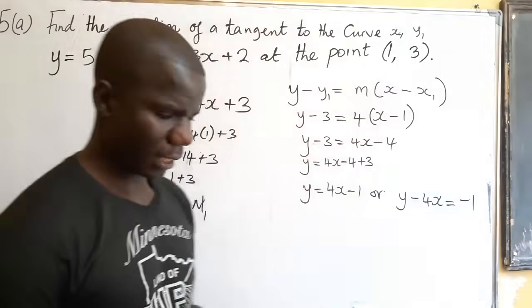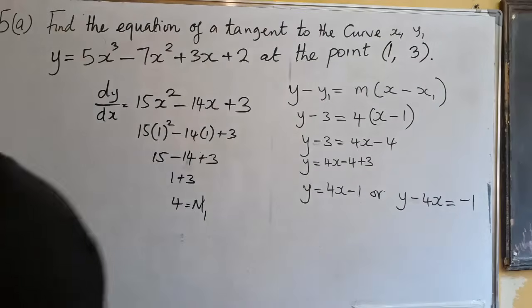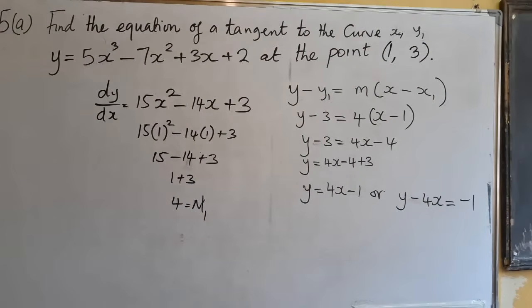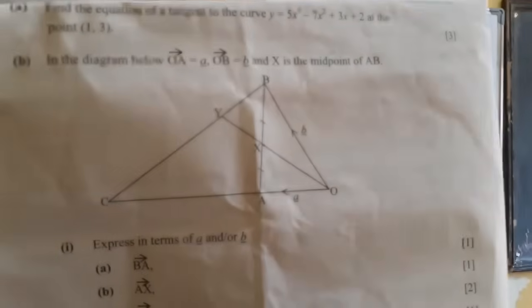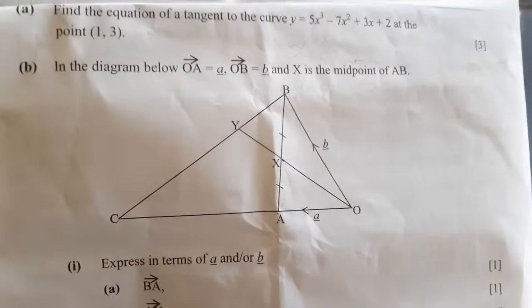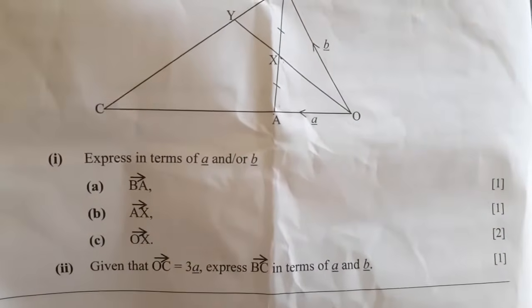So this is what we are expected to do, all right? I hope you are following. Now we need to go to the next question. The vector question. I'm going to put it on the board, but here it is.